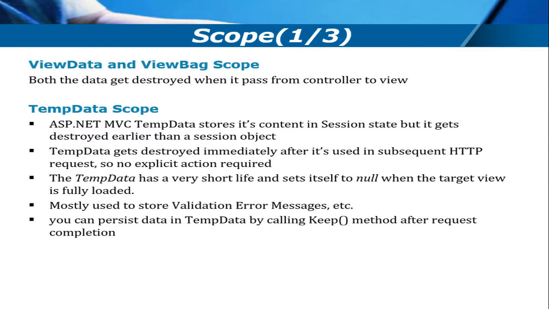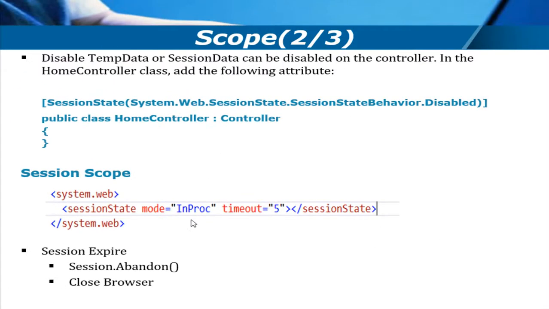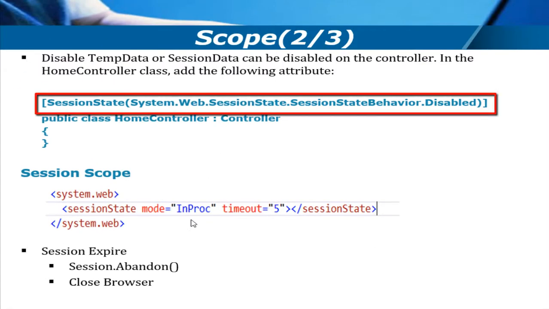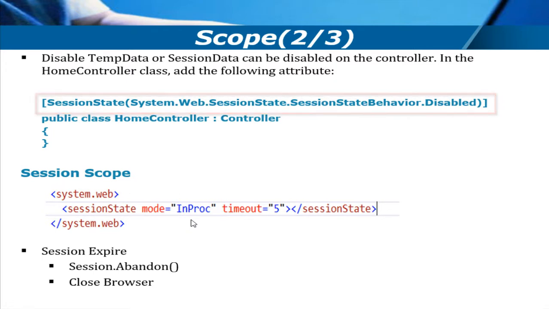So let's say your target view gets rendered, and you still want to keep your TempData object, then we can use the Keep method over here. We can also disable TempData using the session state behavior setting. At a controller level, if we set the session state behavior to disabled, then TempData does not work for us, so TempData stores a null value.